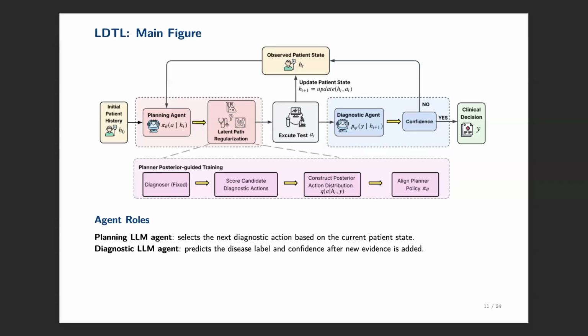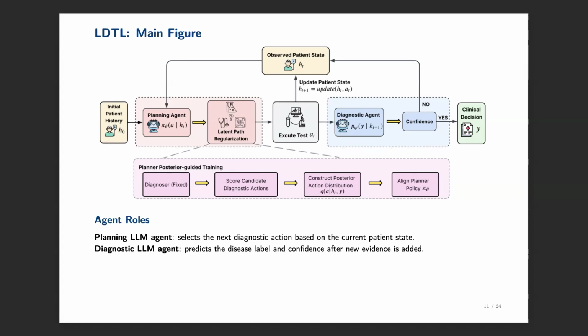There are two main agents, the planning LLM agent and the diagnostic LLM agent. The planning LLM agent selects the next diagnostic actions based on the current patient state. For example, it decides which test or examination should be requested next.